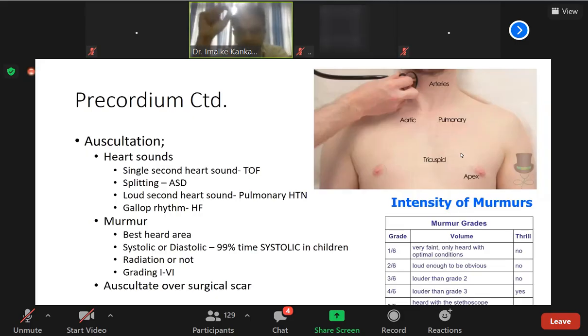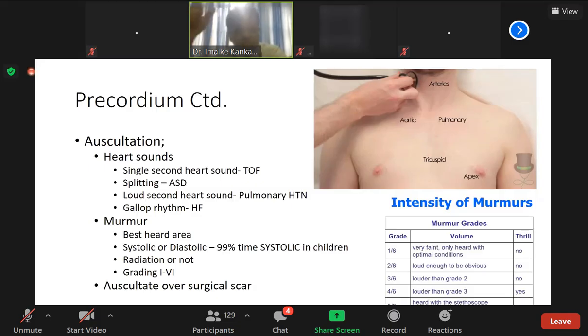You have to concentrate mainly on where the murmur is best heard, nothing else. Heart sounds, of course, will be there whether you like it or not, but you are trying to focus on where the murmur is best heard.